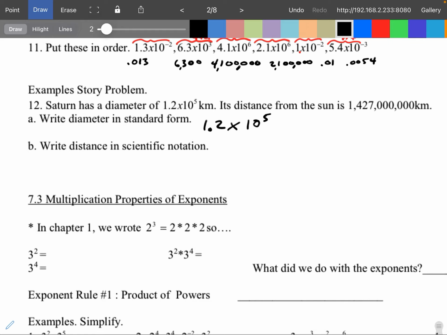Yeah, to the right. So move it to the right 5 spots. So that is going to be 120,000, right? So that's going to be 120,000 kilometers. And now the decimal is here, right, at the end.